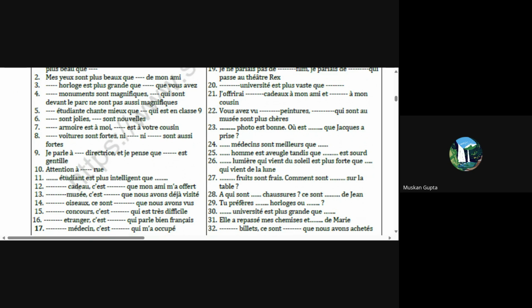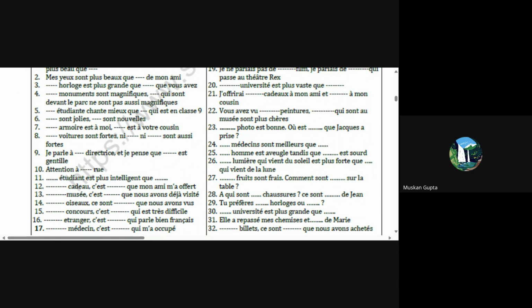Now here, I think you asked me where to use it. Here they're saying that this is mine. They're talking about two objects. This cupboard is mine, and that one is your cousin's. Then again you have to use celle-là, because the one near, we are using the adjective demonstrative.